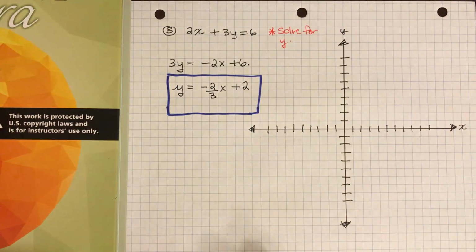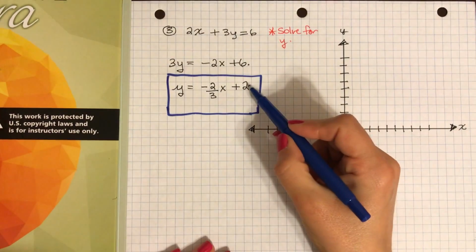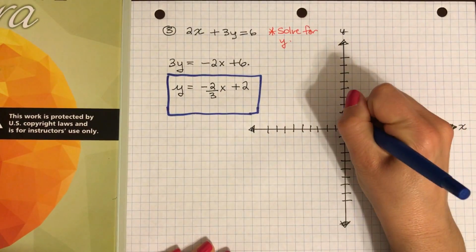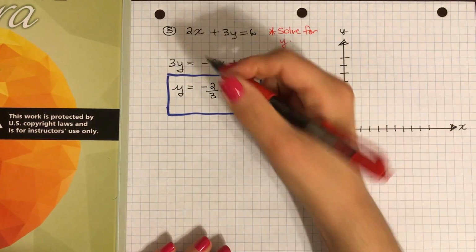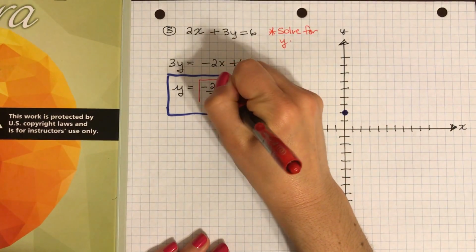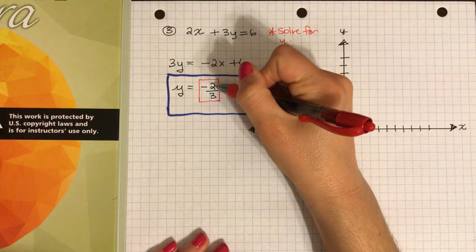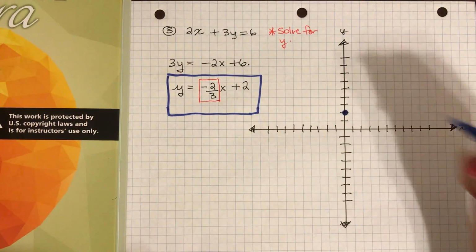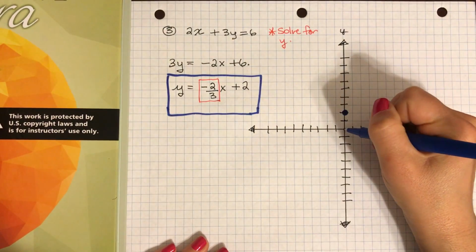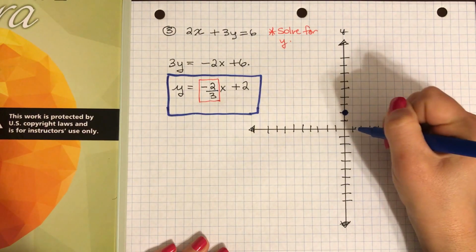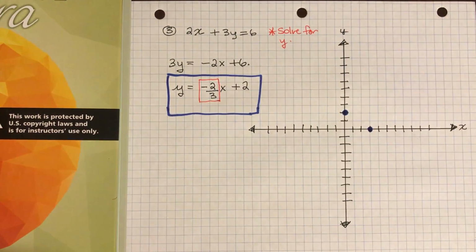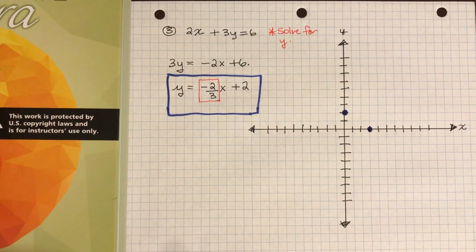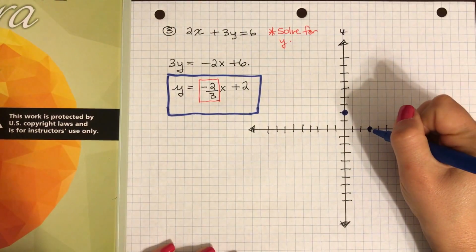And so this one, we have a y-intercept of 2, so that goes first. Slope is -2 over 3. Since we have -2 here, we're going to go down 2, so 1, 2, and then 3 to the right. 1, 2, and 3. So that's our second point. And then we just do the same thing again from where you left off.